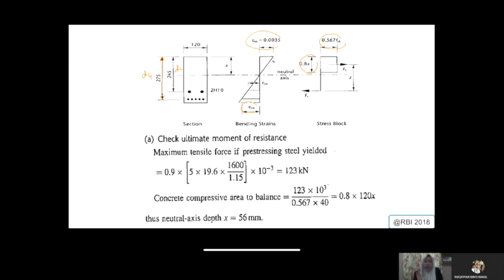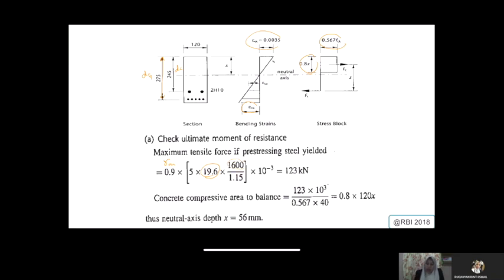So first we check what will be your ultimate moment resistance provided by your tendon. Here is your gamma M. You have five numbers of wires, and your 19.6 is the area calculated before. It's the same because it's a 5 mm diameter.